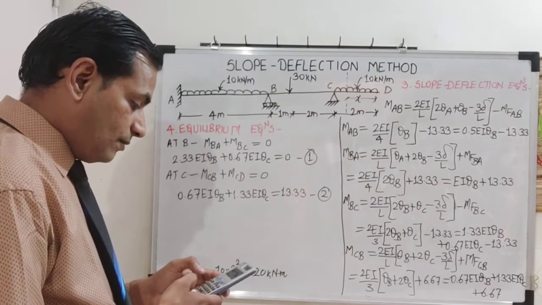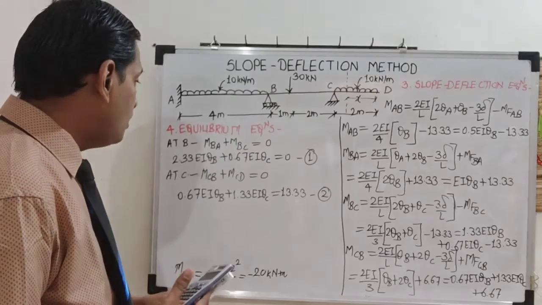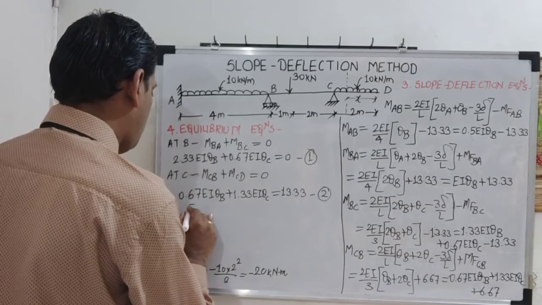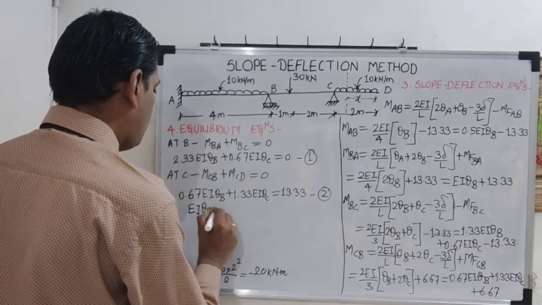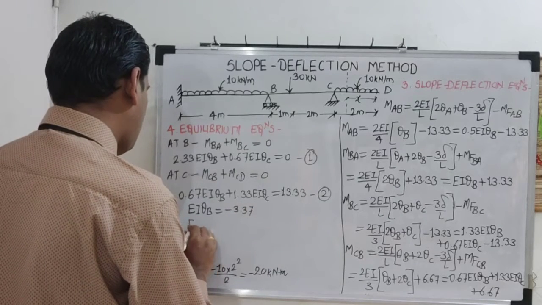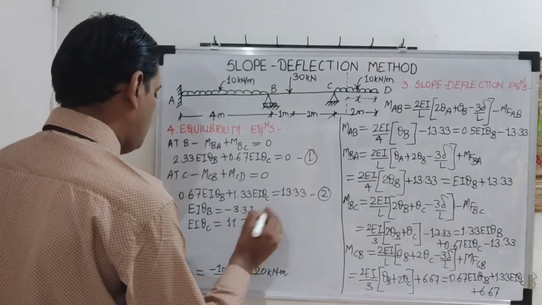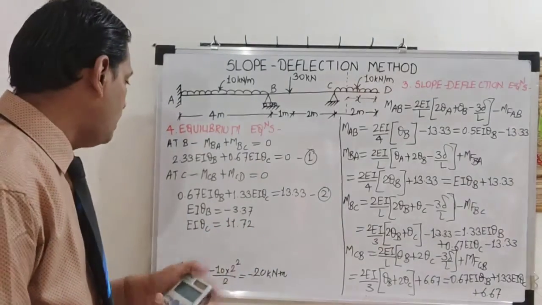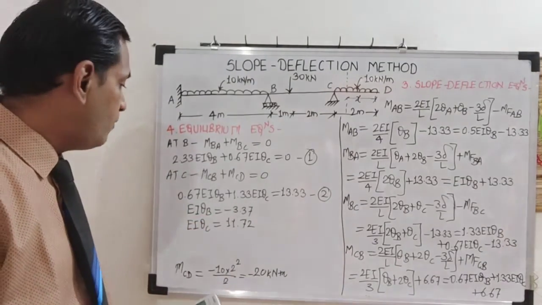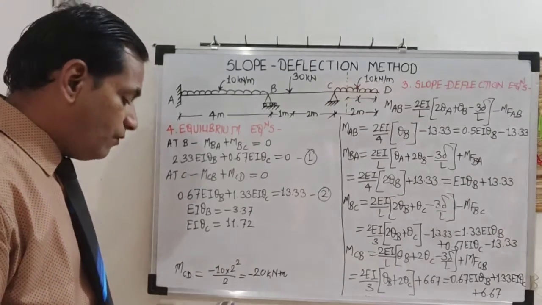So from this what we get is EI theta B is equal to minus 3.37, and next EI theta C is 11.72. So we have got the two unknowns. Theta B is minus 3.37 upon EI and theta C is 11.72 upon EI.